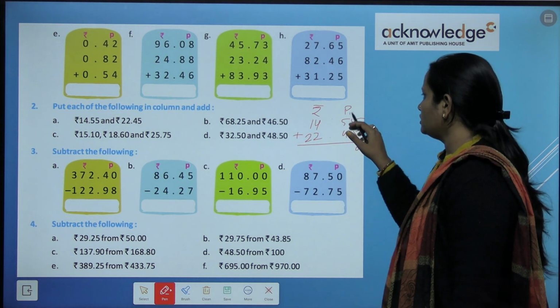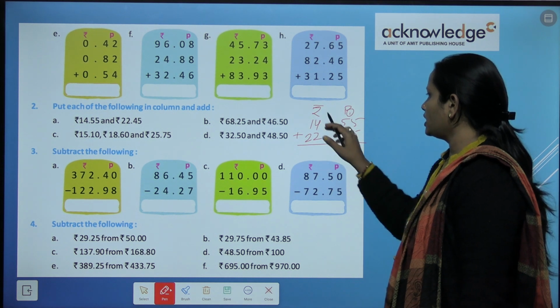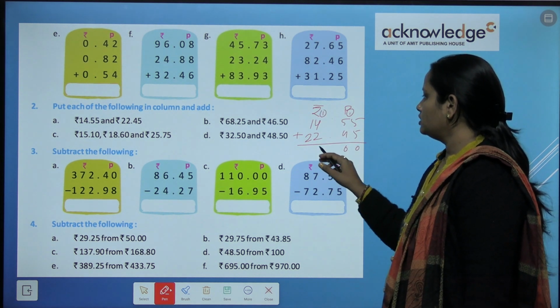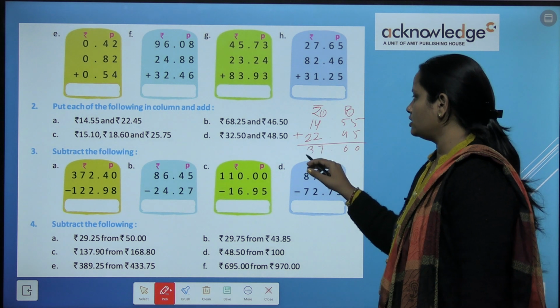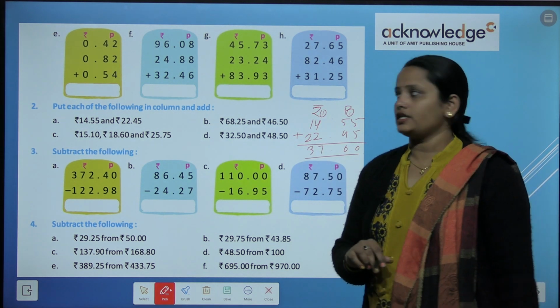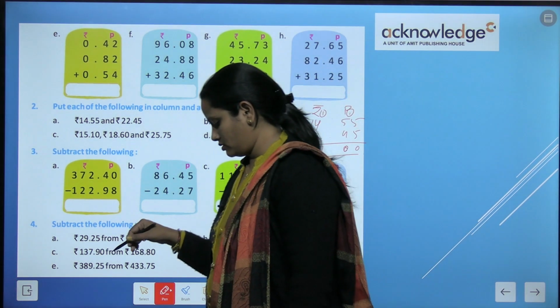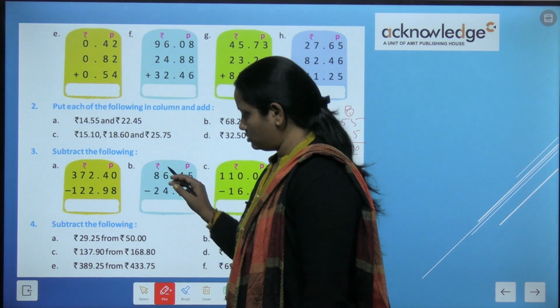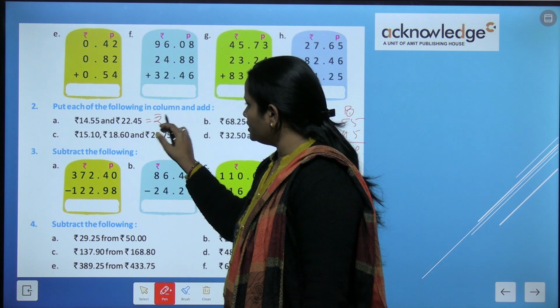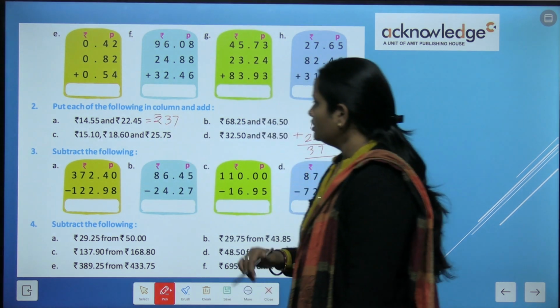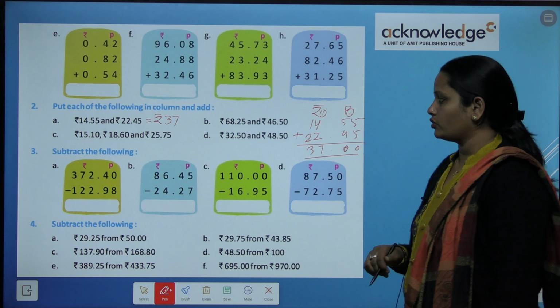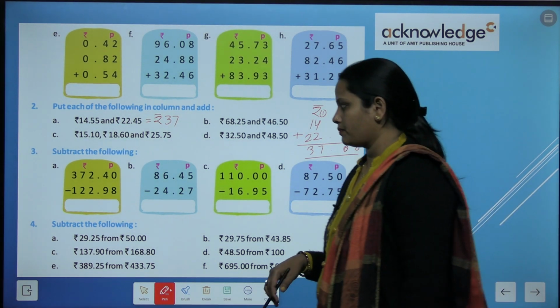So it's 10, it's 10 again, 7, 3. So only 37 rupees is the answer. Similarly children, you have to arrange the rest of the questions and do them.